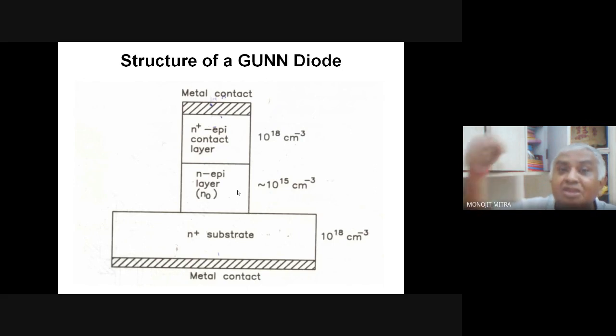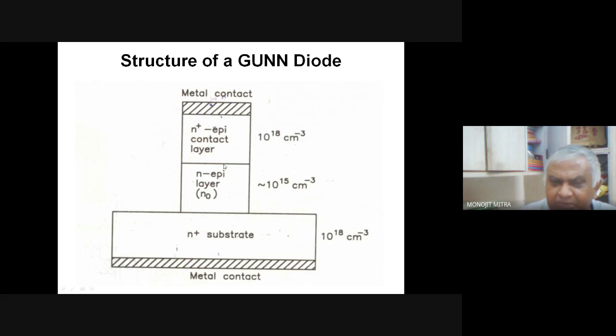Otherwise, you cannot directly solder a lead over a semiconductor, because a lead is made of metal and a semiconductor is insulating. You cannot solder a metal over an insulator. So you have to deposit metal first, by some deposition technology, on the two sides of the fabricated device, and then you can solder the lead over the metal. That's where the metals are deposited.